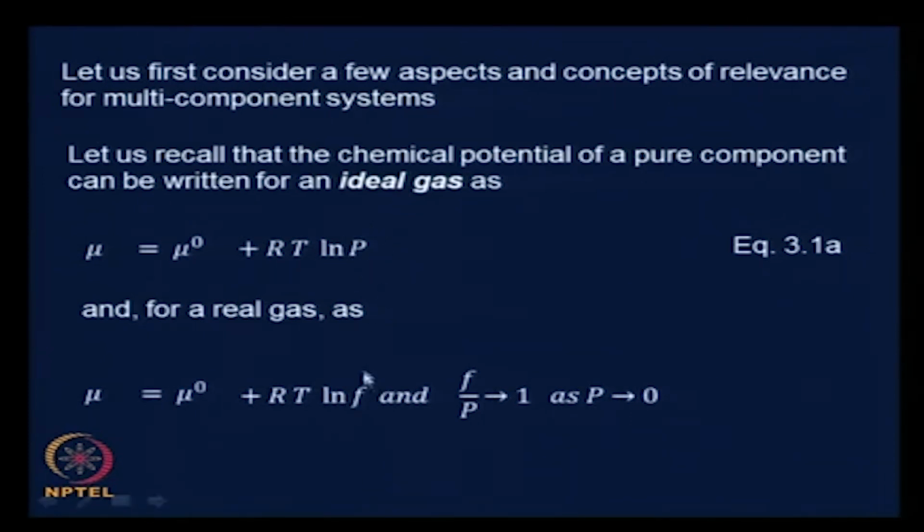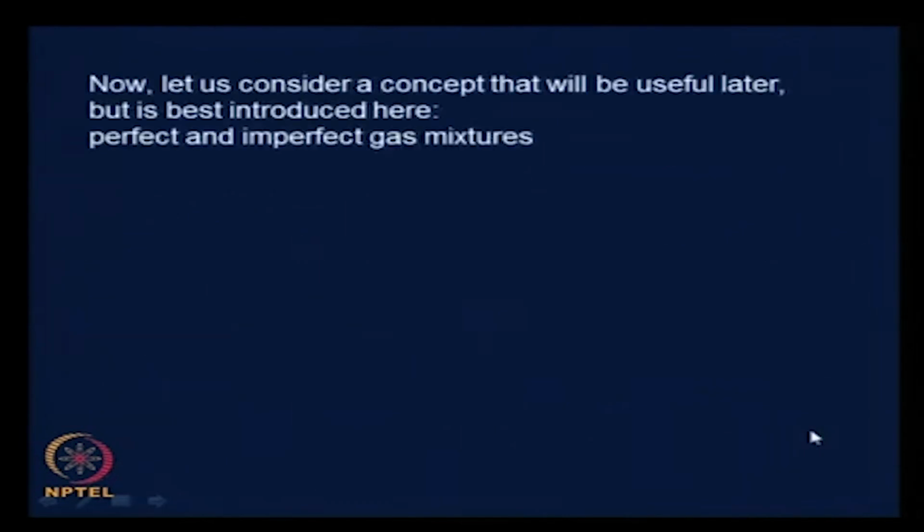The P gets replaced by f for a real gas, and for completeness of the definition, f by P, pressure, total pressure, tends to 1 as P tends to 0. This was equation 3.1b.